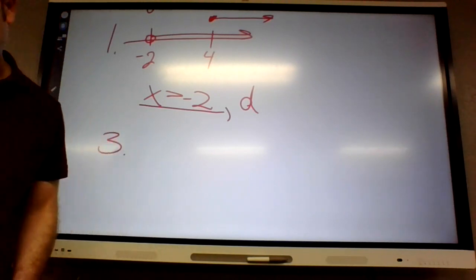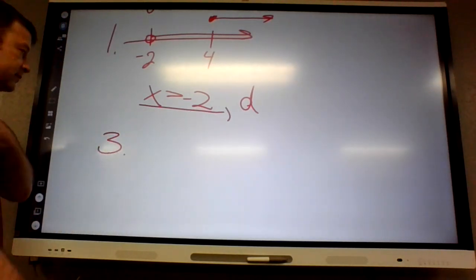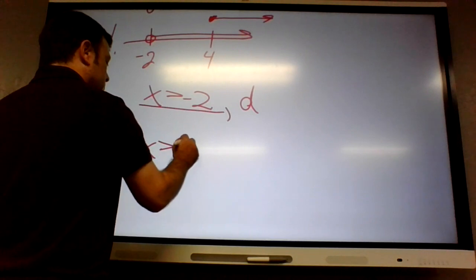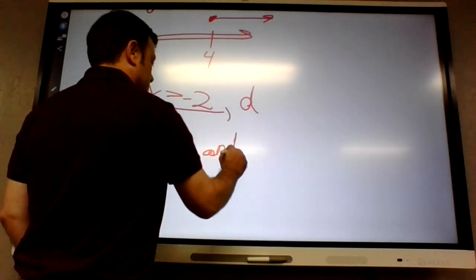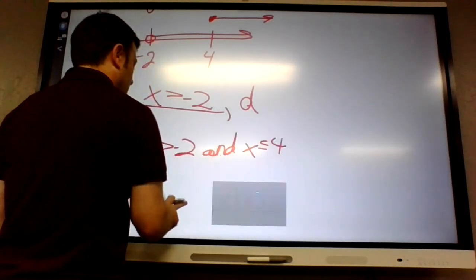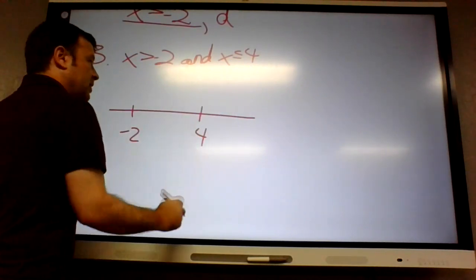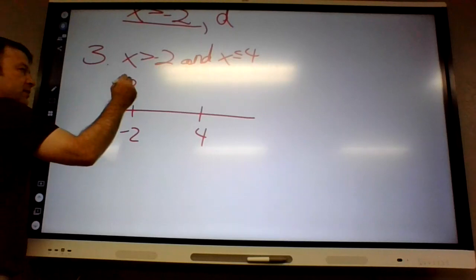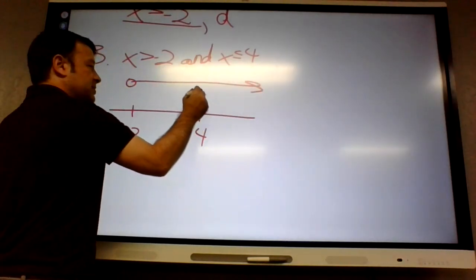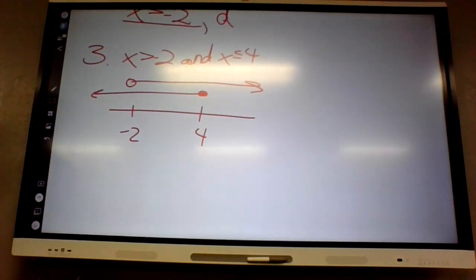Number 3, x is greater than negative 2 and less than or equal to 4. Okay, so it's negative 2 and 4 somewhere on the graph. X is greater than negative 2, so that's all this. Less than or equal to 4, so that's going the opposite direction.